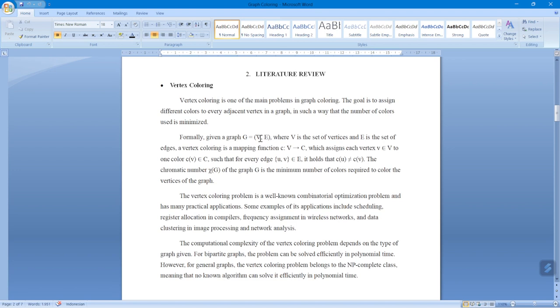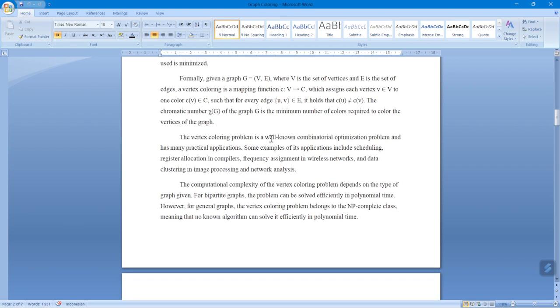Formally, given a graph G = (V, E), where V is the set of vertices and E is the set of edges, vertex coloring is a mapping function C from V to a set of colors, which assigns a specific color C to each vertex, such that for each edge (u, v) in E, C(u) is not equal to C(v).